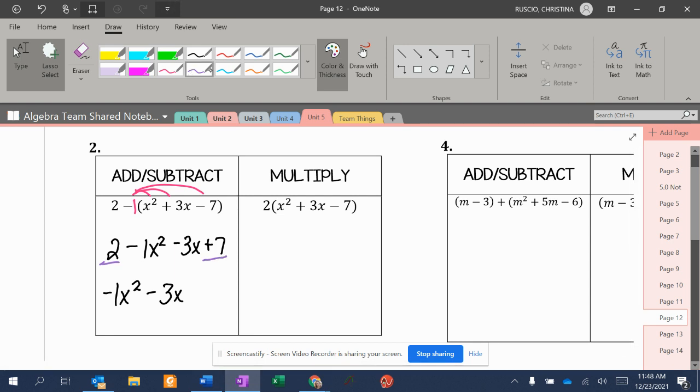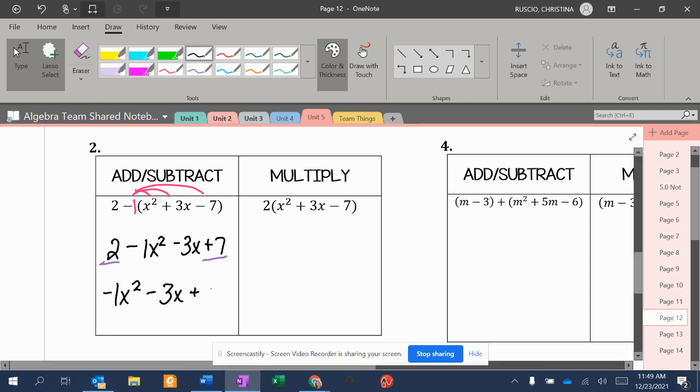Those were like terms. 2 plus 7 is 9. Notice how we didn't distribute the 2, but because that minus sign isn't there, we will distribute that 2. So this becomes 2x squared plus 6x minus 14.